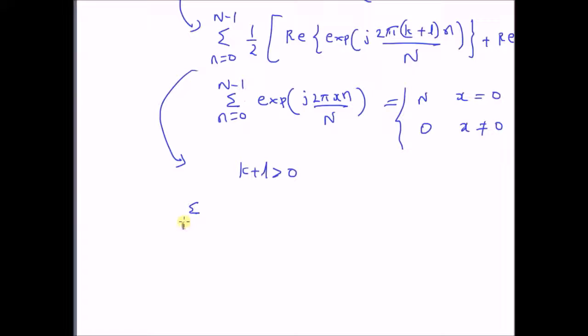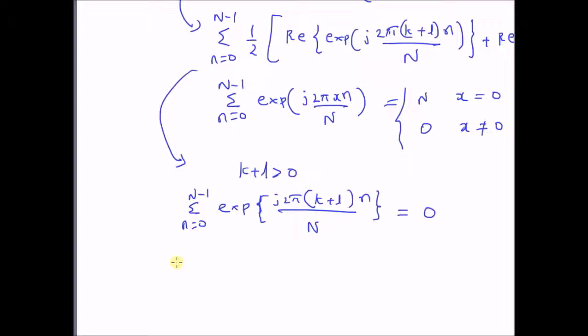That is, the sum n equal to 0 to N minus 1 of exponential of j times 2 pi (k plus l) multiplied by n over N is always equal to 0, as k plus l is always greater than 0 under the given initial conditions.